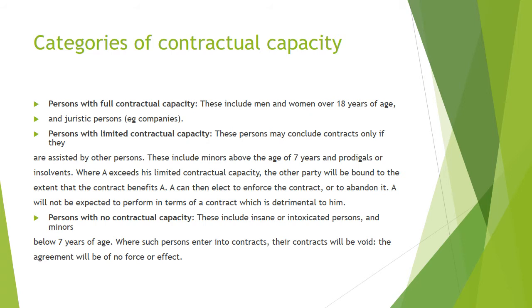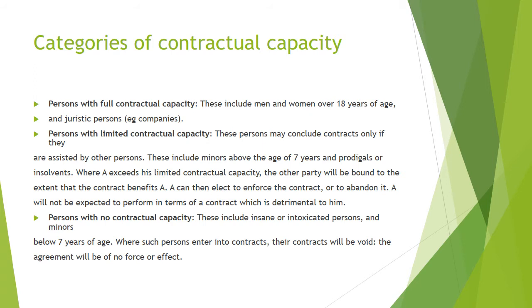People with full contractual capacities. These include men and women over the age of 18 years old and juristic companies, right? So if you are 18 years old, in other words, you are of the majority age, and then you run a company.